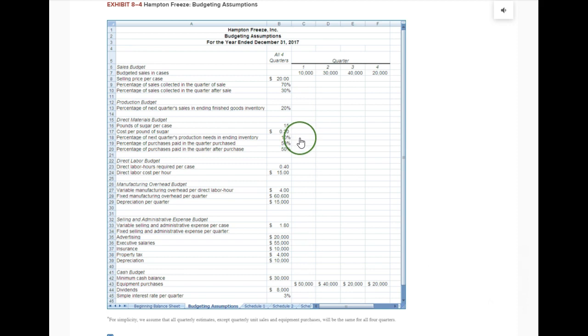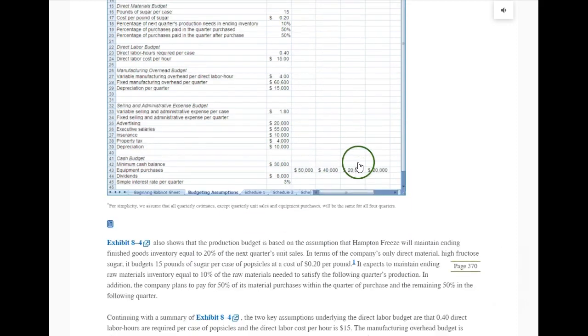And then we want to have in raw materials inventory 10% of the expected needs in the next quarter. This shows how much we pay for it each quarter. So this first 50% says whatever we purchase as to raw materials in a quarter, we pay half of that in that quarter. We'll pay the other half in the next quarter. Okay, I won't go through the rest of these, but again, go back to this example when you need to.